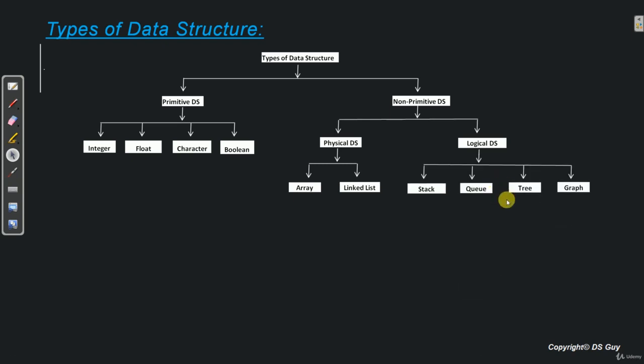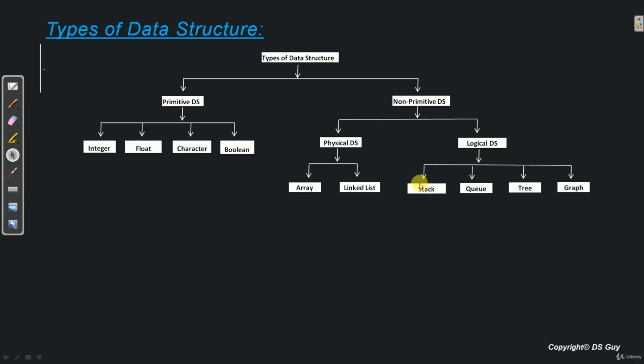However, when it comes to logical data structures like stack, queue, tree, graph or even hashing, these data structures are logical in nature and they are dependent on the physical data structure for their implementation.